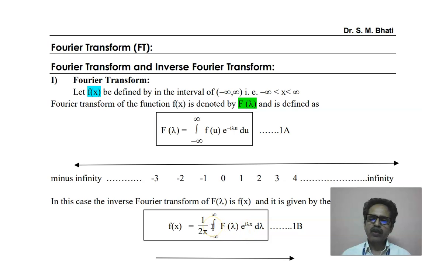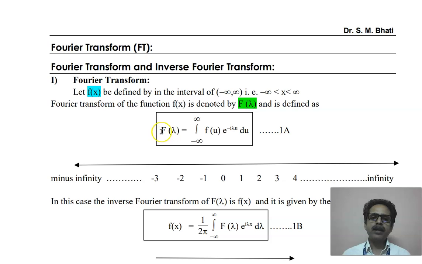So when you carry out actual integration in the right hand side with respect to lambda from the limit minus infinity to plus infinity, you will find right hand side is a function of x alone, and this can be justified from the left side which contains a function f of x, that is a function of x alone.